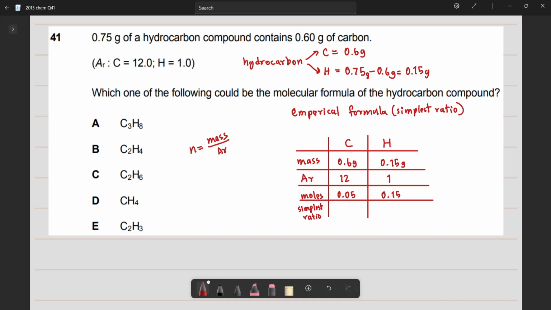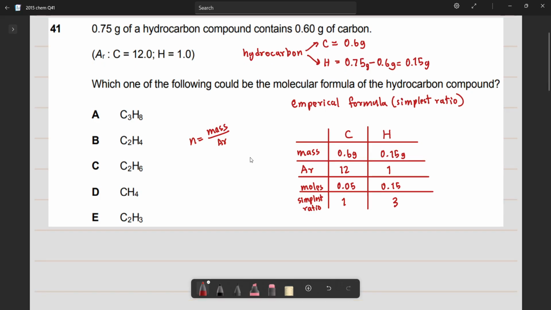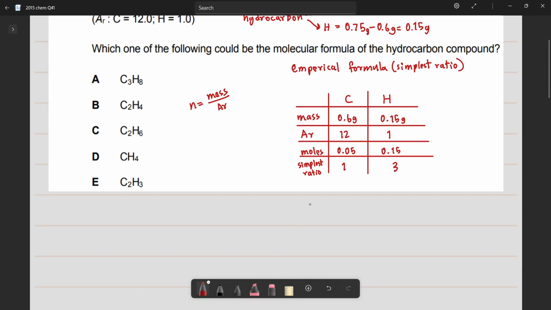So we divide both by 0.05. This gives us 1, and 0.15 divided by 0.05 gives us 3. From this, the empirical formula for this compound is C1, one carbon, and three hydrogens.